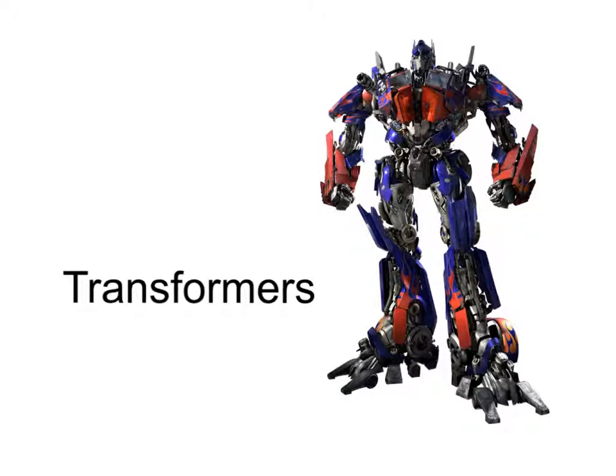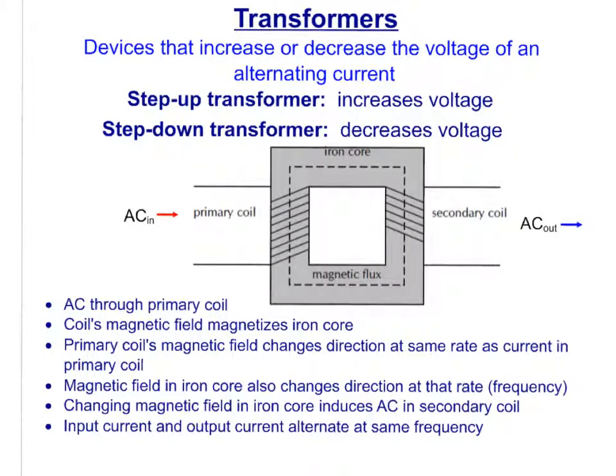That being said, let's take a look at transformers. What are they and how do they make use of electromagnets? And we are not talking about this kind of transformer. We're talking about a different kind of transformer: devices that either increase or decrease the voltage of an alternating current, AC.